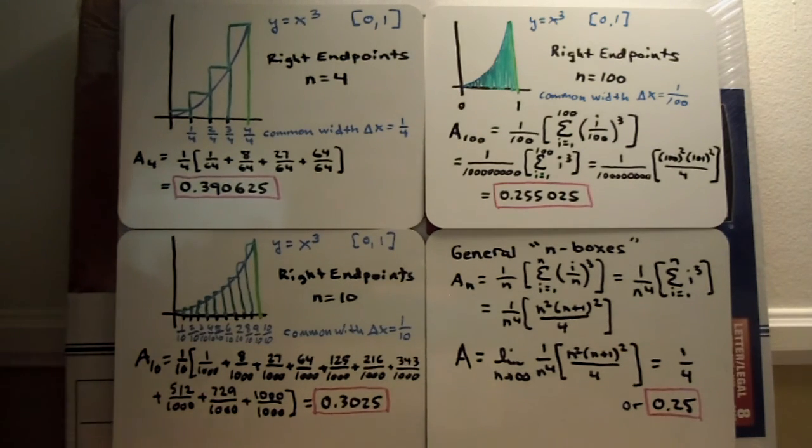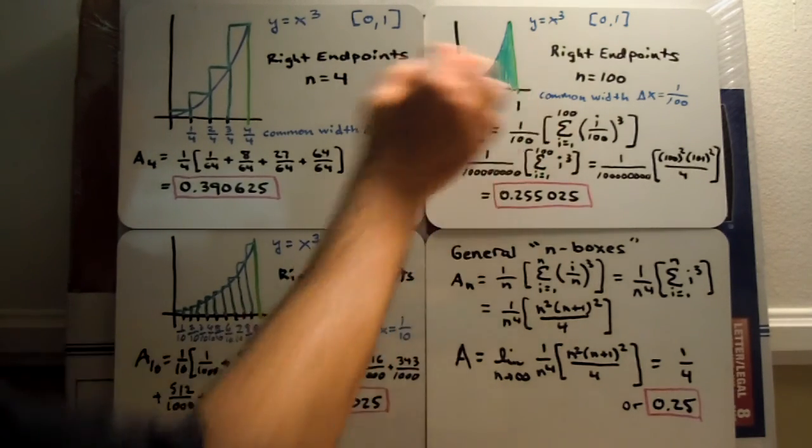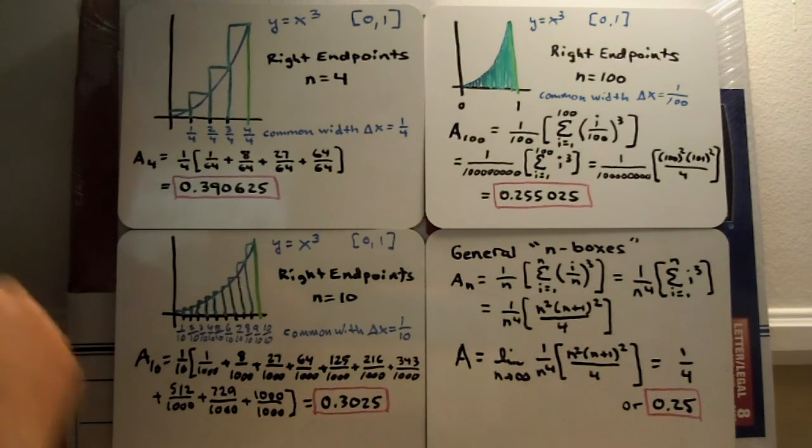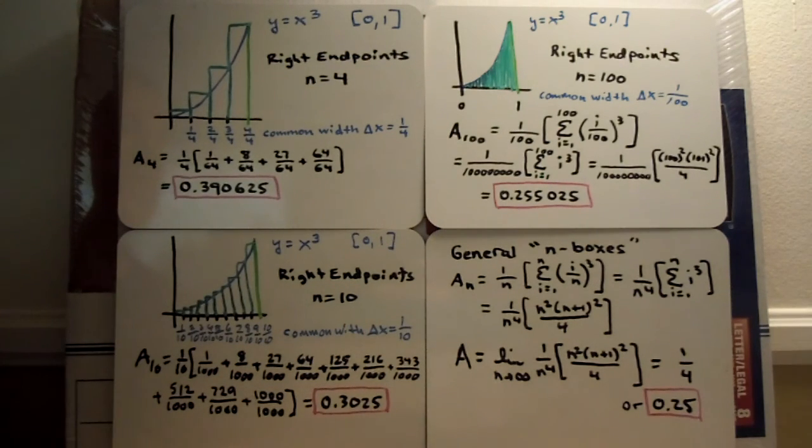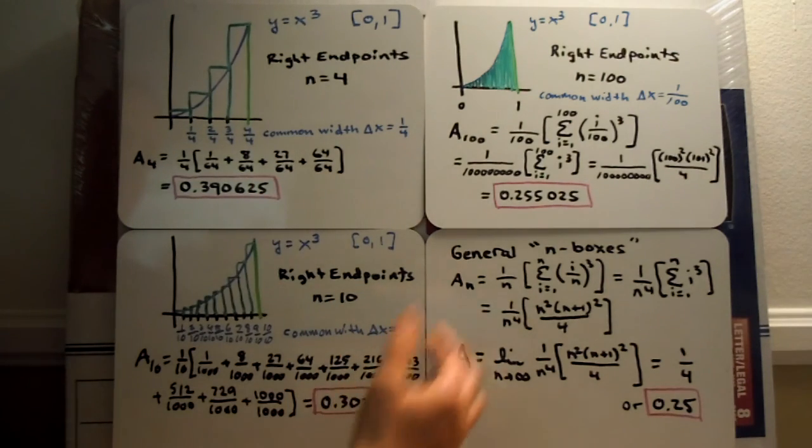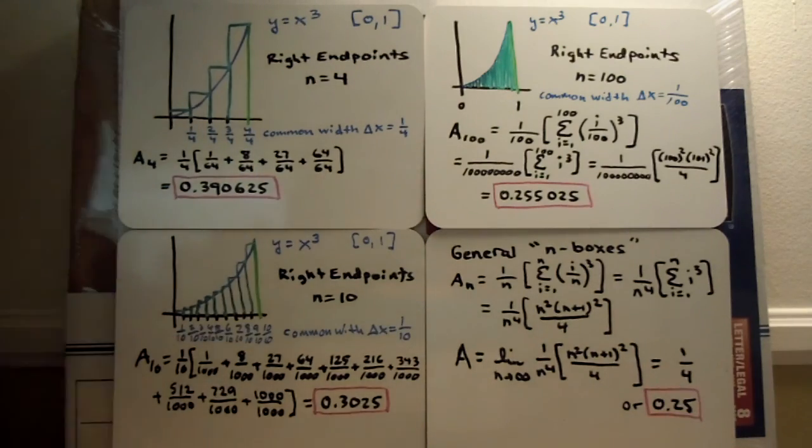And that's the purpose of doing the Riemann sum: by taking any number of boxes or rectangles to estimate the area under the curve and letting that number of boxes or rectangles increase without bound, we would get an exact value of the area under the curve. In this case, 0.25. And you can see that our estimates were progressively getting closer to that final value.